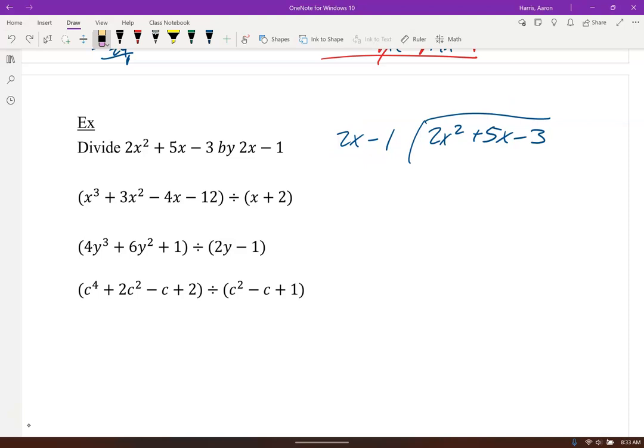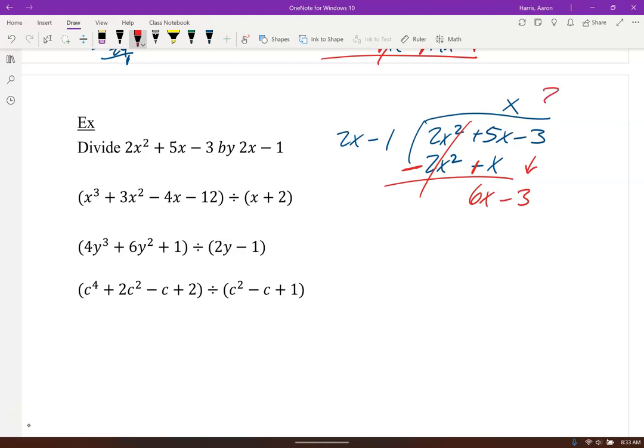And I say x it does. So x times 2x gives me 2x squared. And x times negative 1 is negative 1x. And don't forget, we got to change both signs. So that's gone. And we have 5x plus 1x is 6x. And bring the next term down, minus 3.